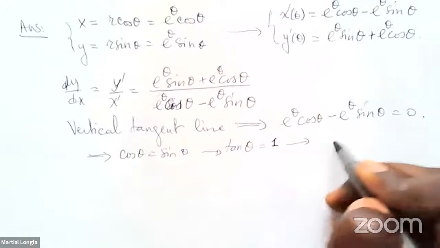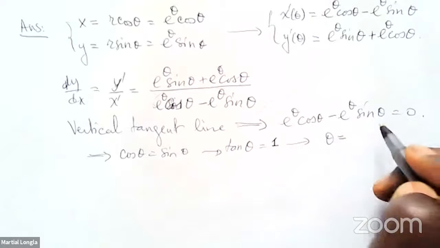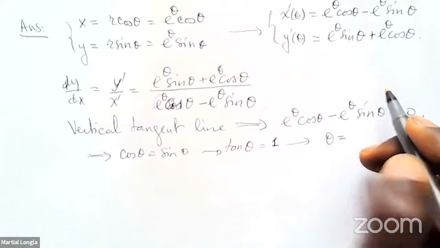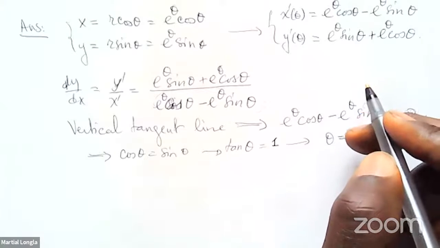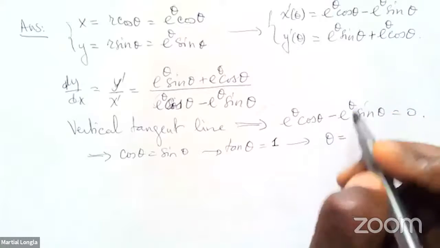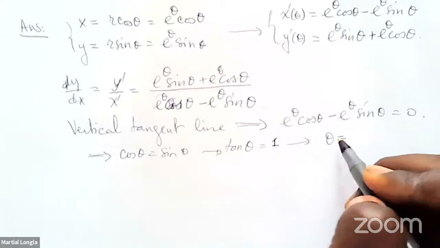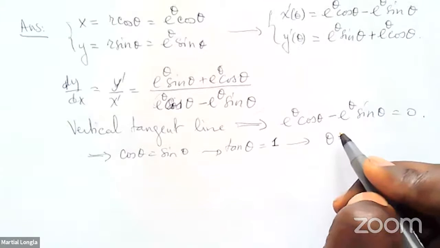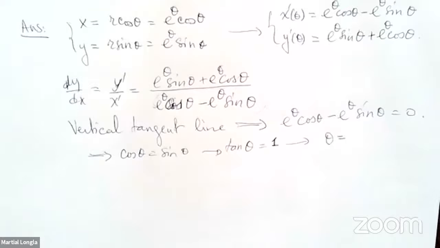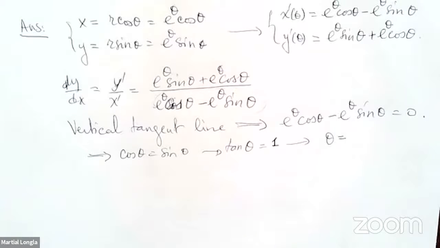And what are the angles with tangent 1? Is it pi over 4 plus 2k pi?